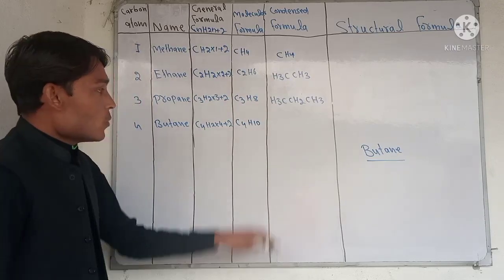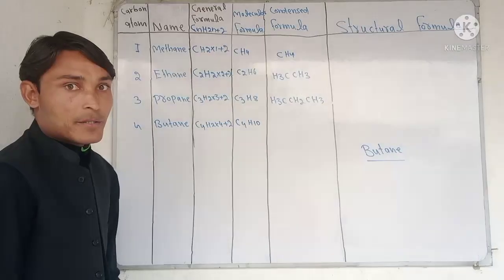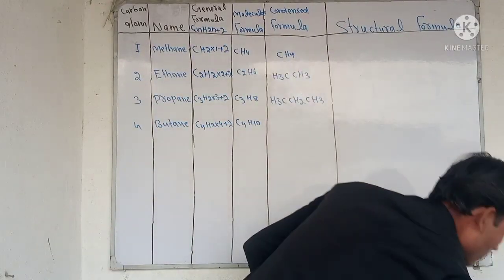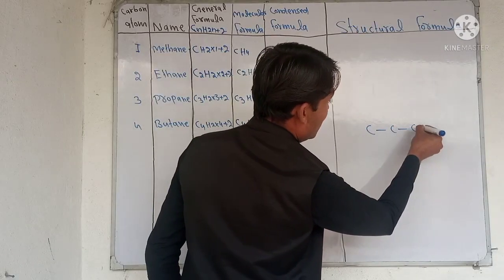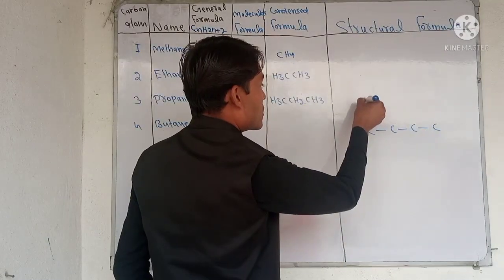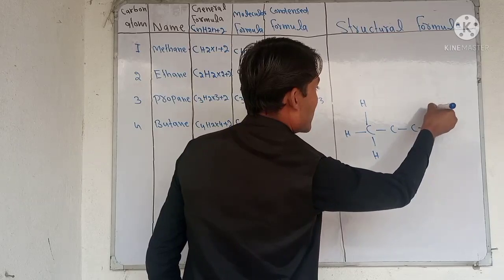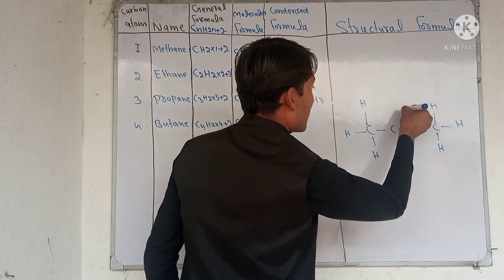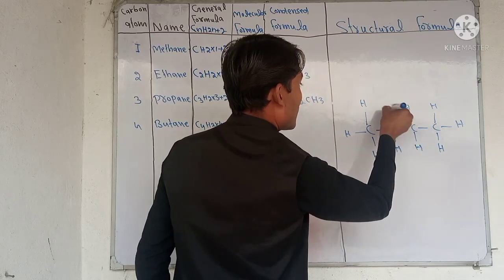Now if you want to again construct the condensed formula, we need the structure formula first. So let's talk about the structure formula first. We have 4 carbons, carbon 1, carbon 2, carbon 3, carbon 4, and always attach 3 hydrogens to a terminal carbon. We can attach hydrogens here, and also the rest of the hydrogens.